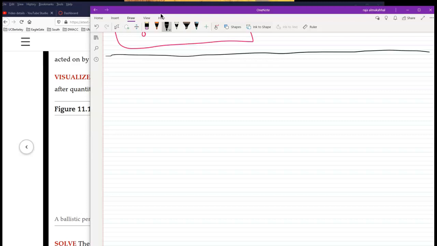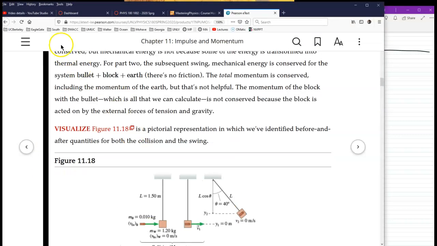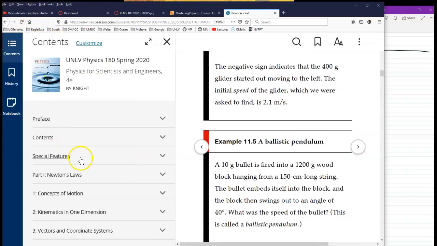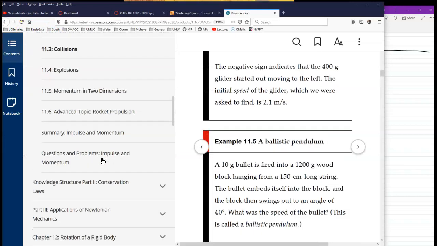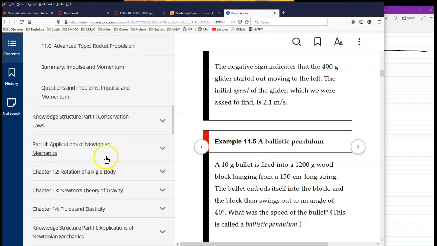The problem that I want to do is number 25. Let me show it to you in the book. I'm going to go to exercises. We are in chapter 11.